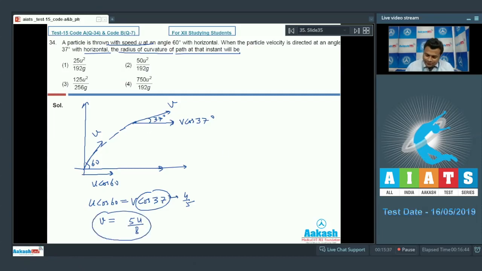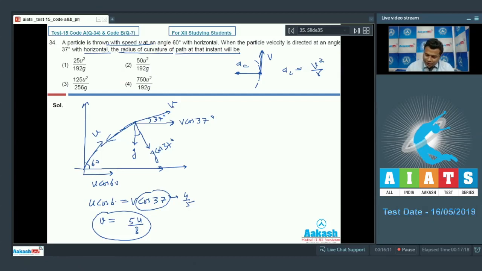Now at this instant we are having gravity g vertically downward. Let's break the component. g has one component g cos 37 along this direction and g sin 37 along this direction. Now we know very well, in case of circular motion, the centripetal acceleration a_c is given by v square by r, where v is tangential component of velocity.